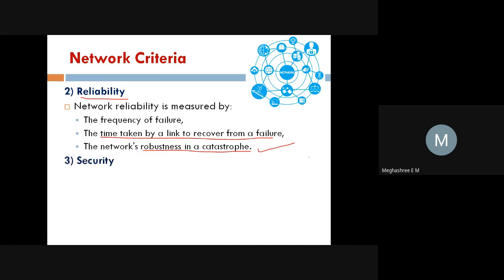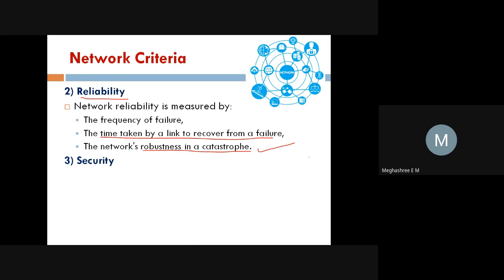And the third criterion is security. Security is a very important thing when it comes to network, right? We store our personal details in our cell phone, and consider our cell phone is connected to the internet. If proper security is not provided, then what happens? Someone can hack your cell phone and get all your personal details.